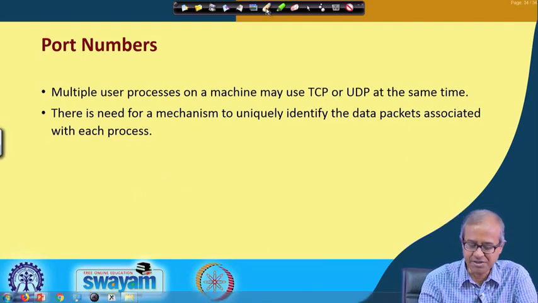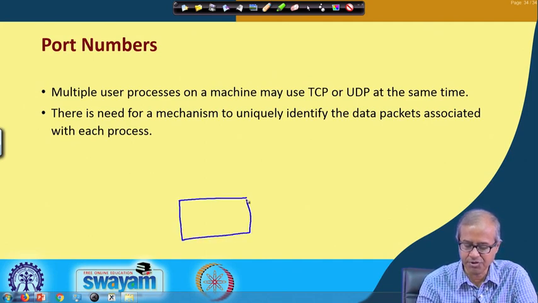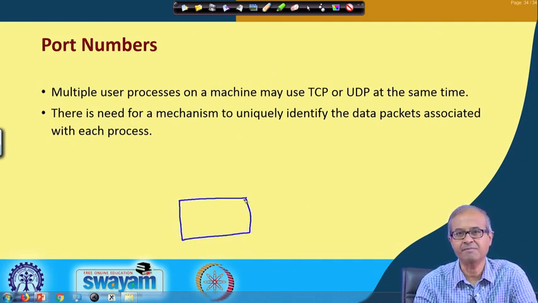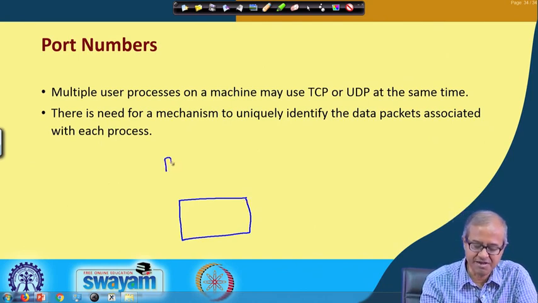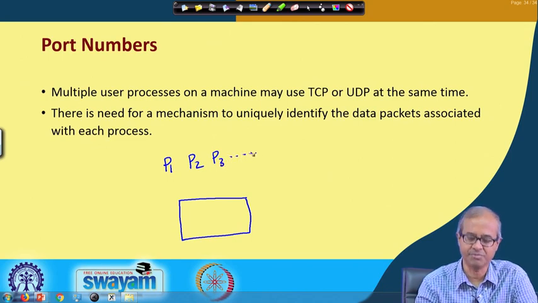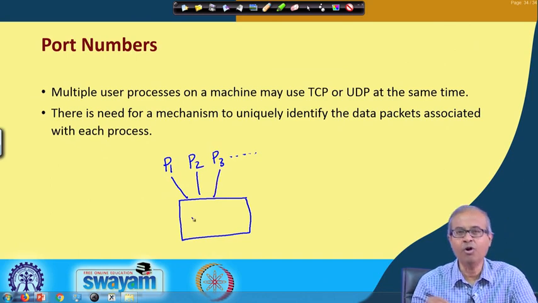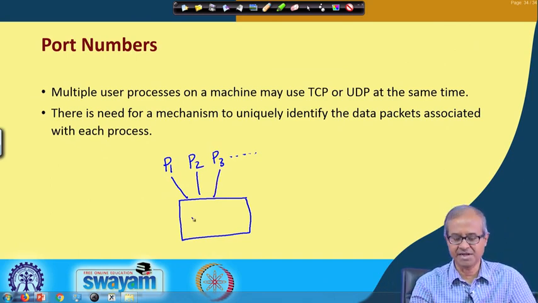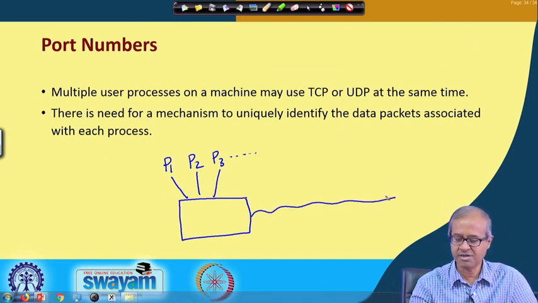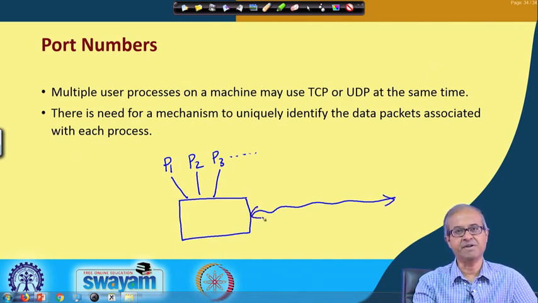Now, think of a particular computer on the internet. There can be several user programs running, P1, P2, P3, many user programs running on this computer, and they may all be trying to communicate some data over the network, sending and receiving data.